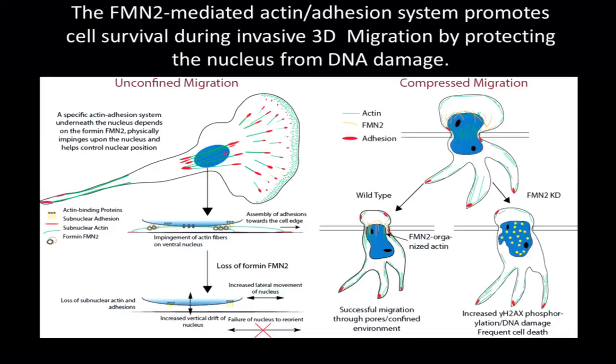We don't know whether this is due to a physical protection, whether this actin stress fiber system is acting like a flexible force buffer, absorbing some of the force associated with changing the shape of the cell.